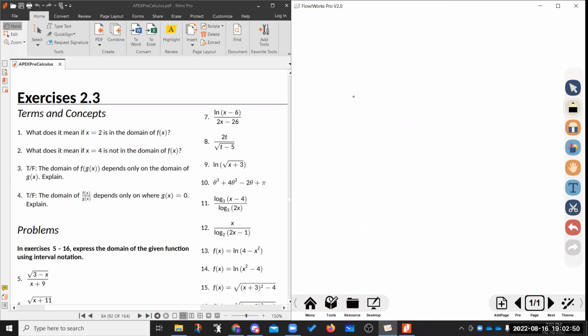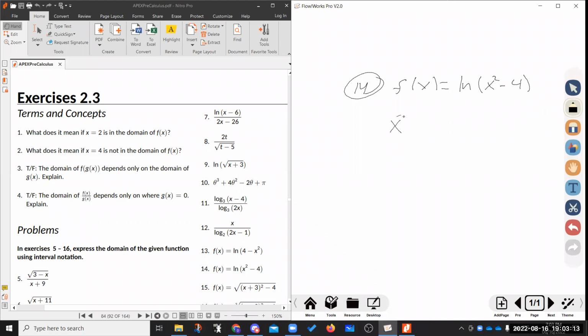That was number 13. Number 14 asks us f of x is equal to ln of x squared minus 4. This is going to be the same domain here. No, it's not. It's going to be slightly different.